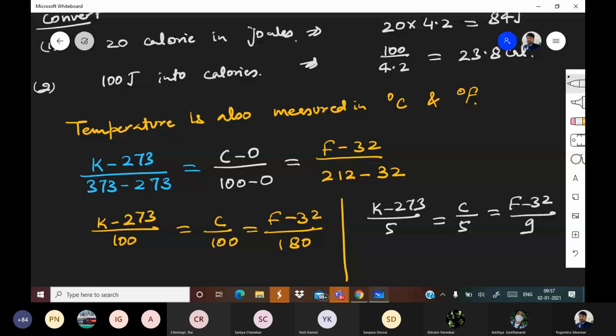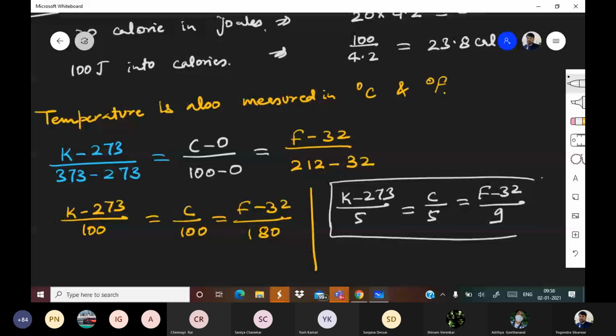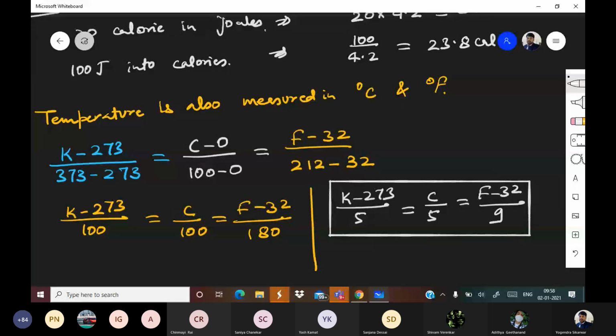So you can use this directly to convert temperature from one system of unit to another. You can use this. All right.